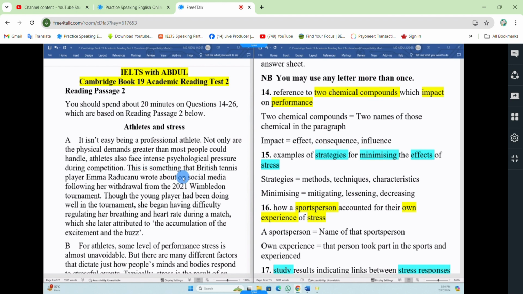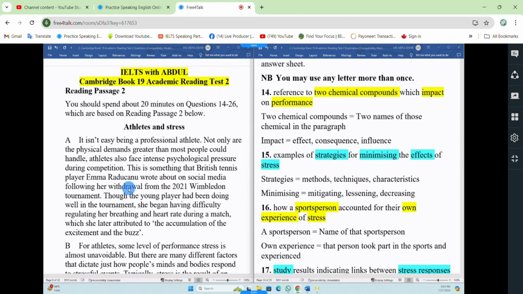Athletes also face intense psychological pressure during competition. So during the competition or tournament, most athletes face intense psychological pressure. Being an athlete, you have to handle this.